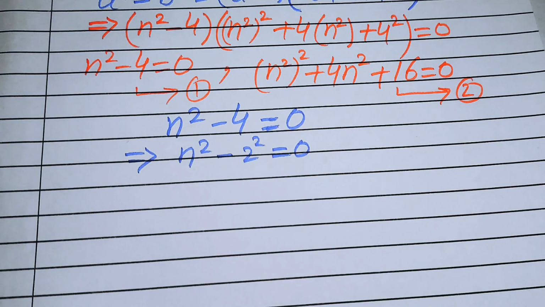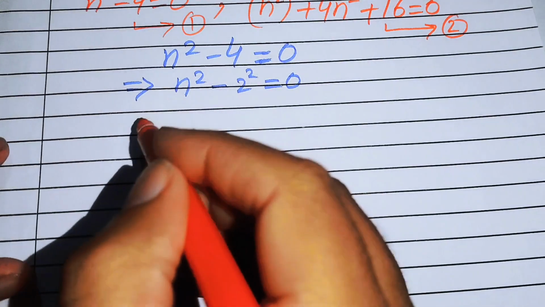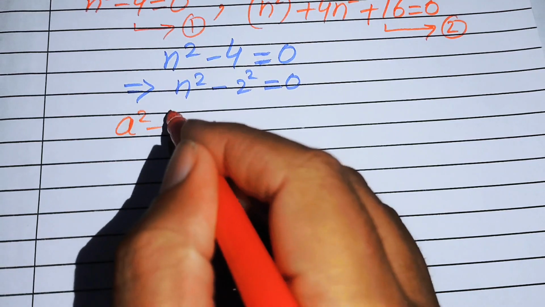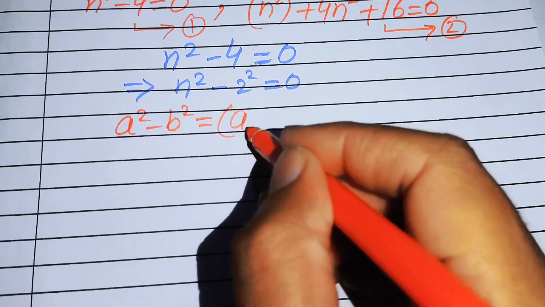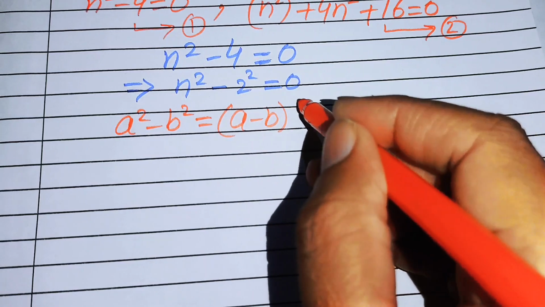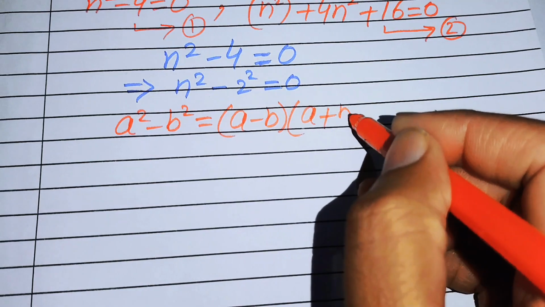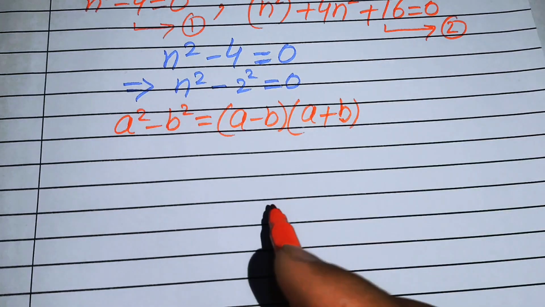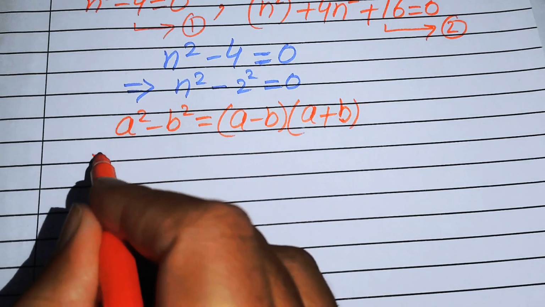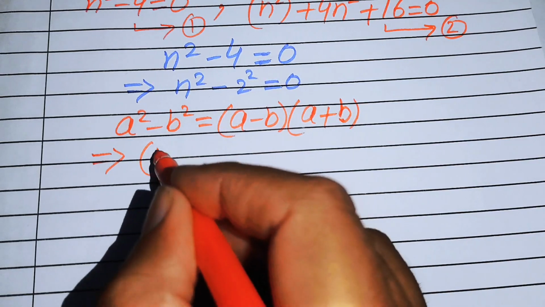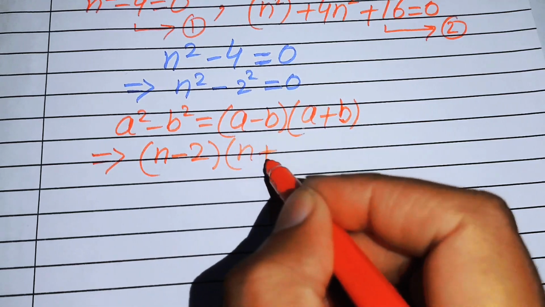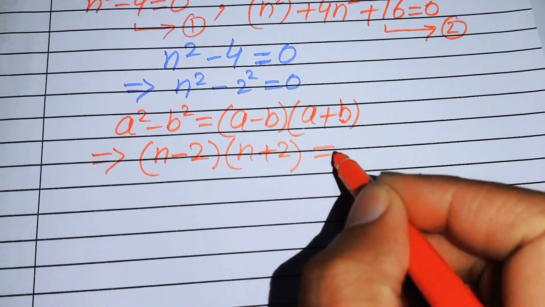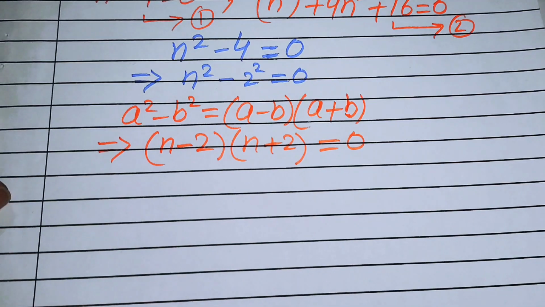Now we can apply the nice algebraic formula, and you know about this one: a squared minus b squared equals a minus b times a plus b. So the left hand side will become n minus 2 times n plus 2, and this whole equation equals 0.